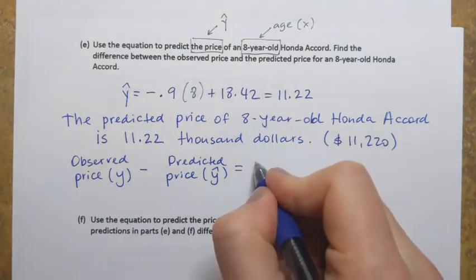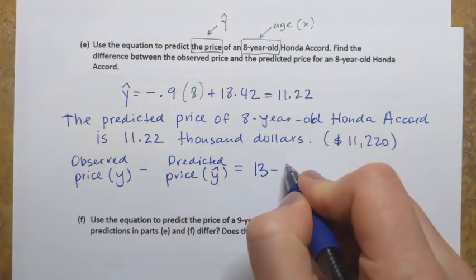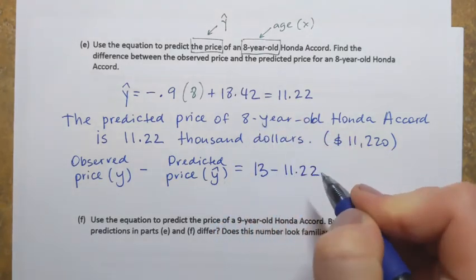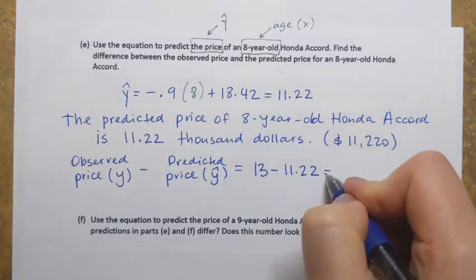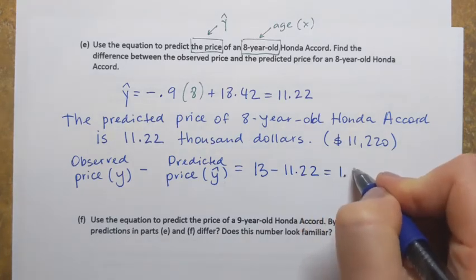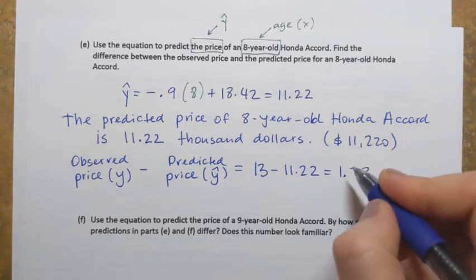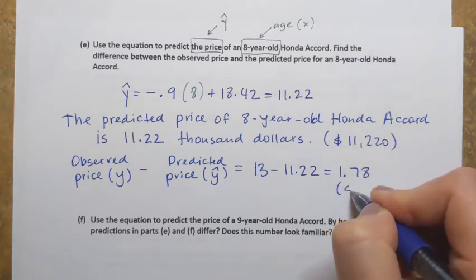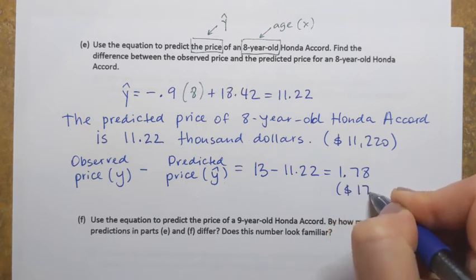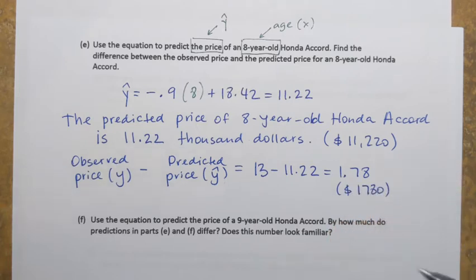So 13 minus 11.22 is 1.78, well, for $1,000, or I read it like this, $1,780.